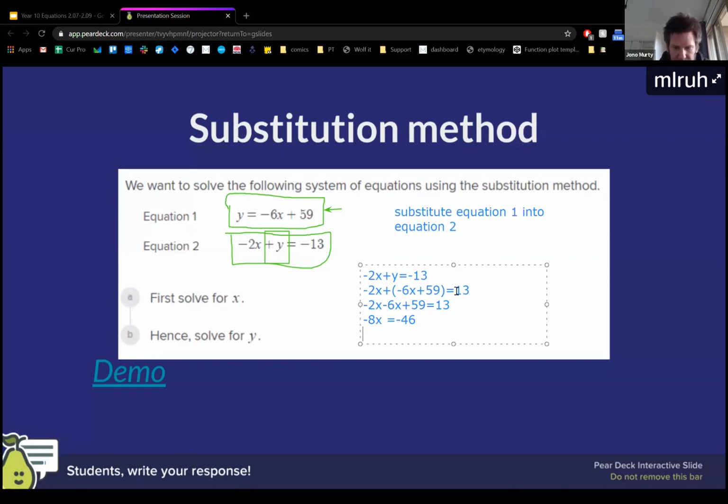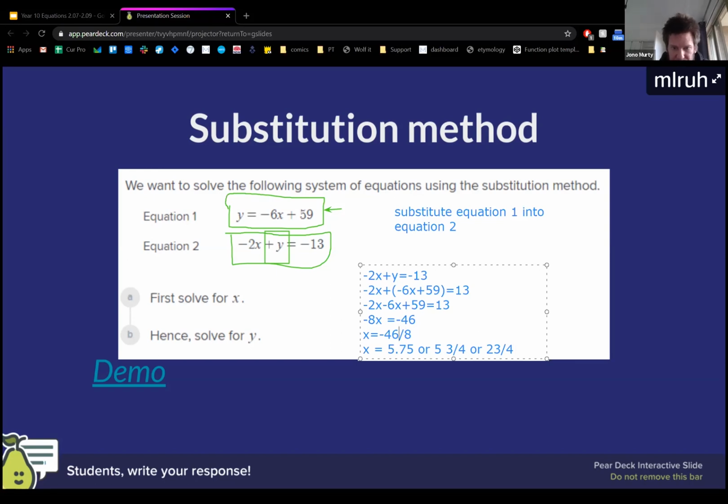Dividing by minus 8, we get x is equal to minus 46 on 8, which is not the nicest number in the world. That's 5.75, or 5 3/4, or 23 on 4.